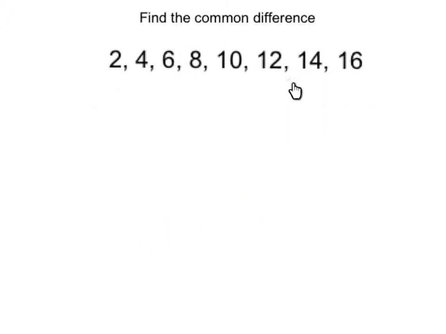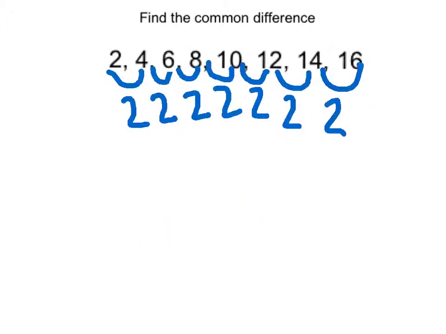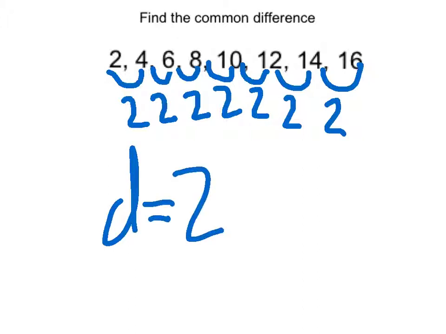This is another example. The common difference is 2 because there is 2 added to each term to get the next term. d equals 2. So 2 plus 2 equals 4, plus 2 equals 6, plus 2 equals 8, plus 2 equals 10, and so on.